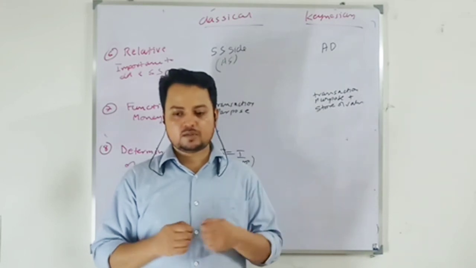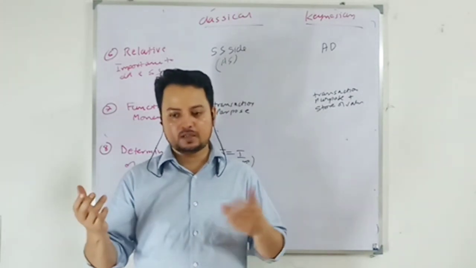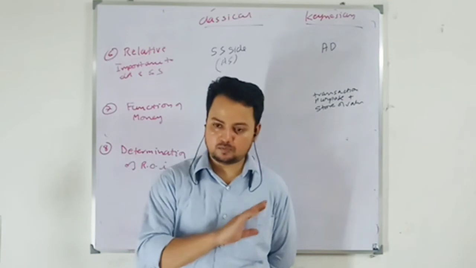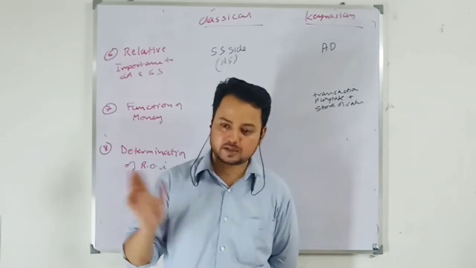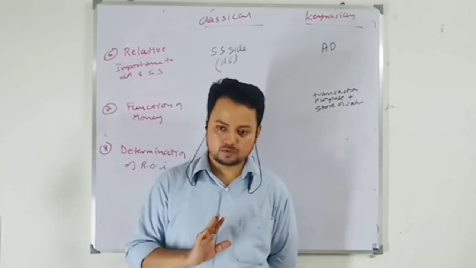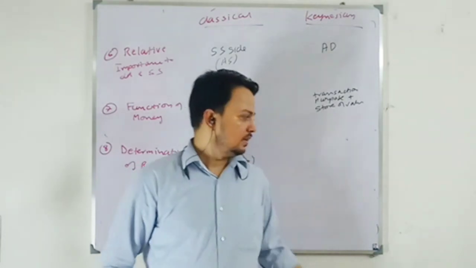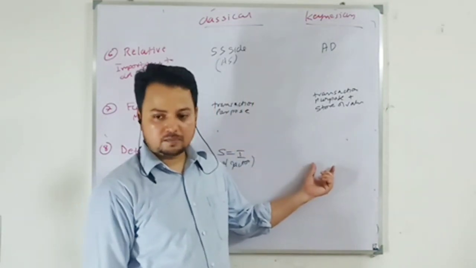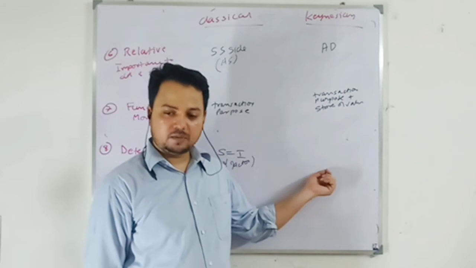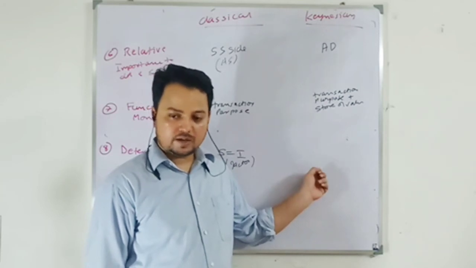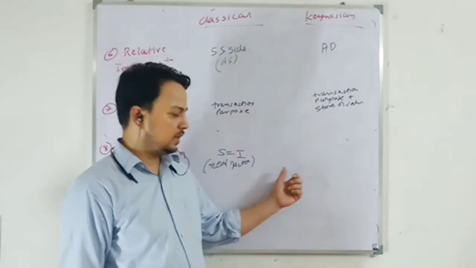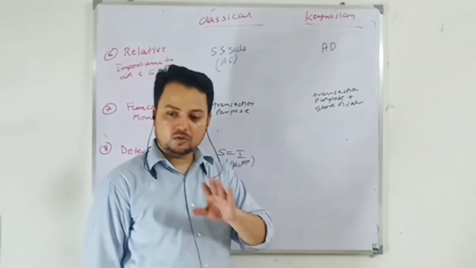Once we have equilibrium in one market, the other market will automatically be in equilibrium. We can show that in the second macroeconomics too. So here the rate of interest is determined by the equality of money demand and money supply. It is a monetary factor, not a real factor, that determines your rate of interest.